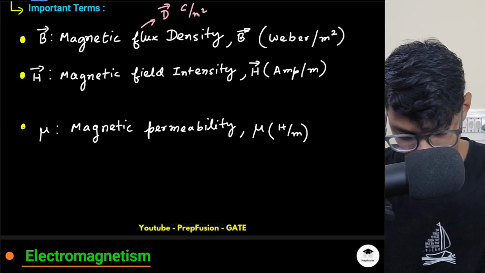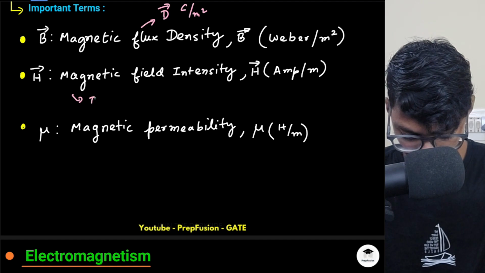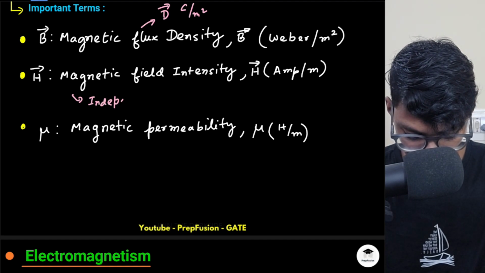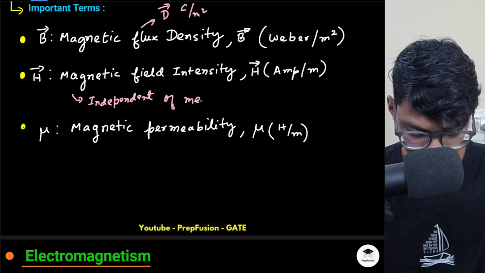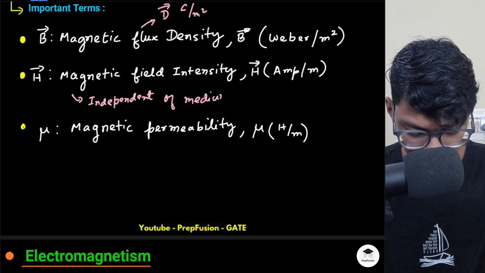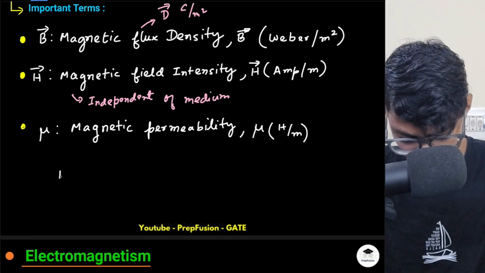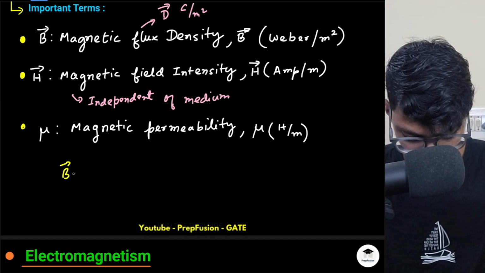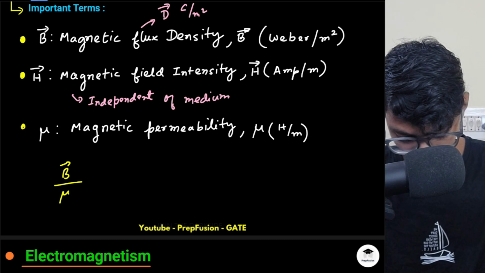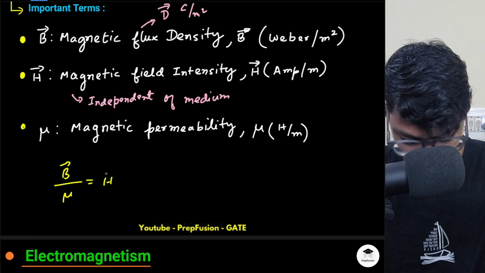So if I need this term to be independent of the medium, I will divide the magnetic flux density by mu, and that will be equal to my H simply.